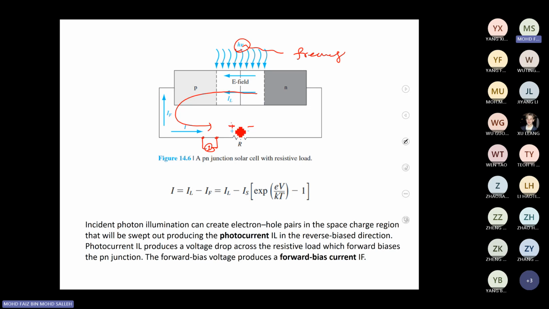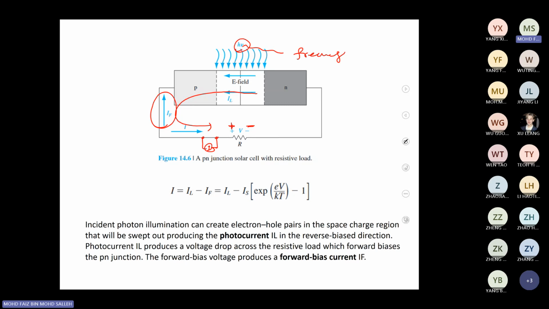So if this is positive, this is negative, you can see that it looks like we apply a forward bias to the PN junction, positive and negative. When we apply the forward bias, this means that there is a forward bias current.